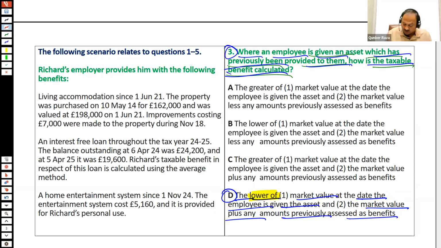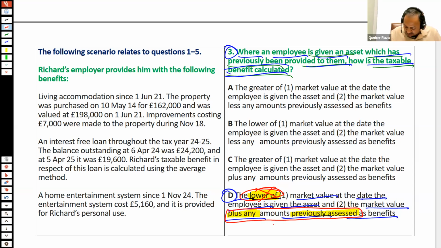No, it is not lower of. It is higher of. Okay. Second issue: the market value plus any amount previously assessed as benefit, or market value minus.